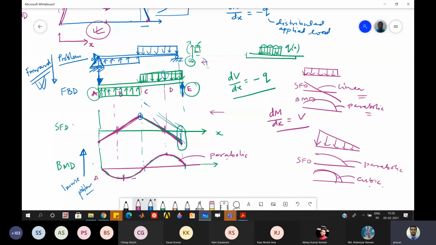So the first step is you draw the free body diagram and find the forces here. Then you just cut here and take the moment about this point of the right side forces. You can see there is an upward force for the reaction E. Then you can find it out.